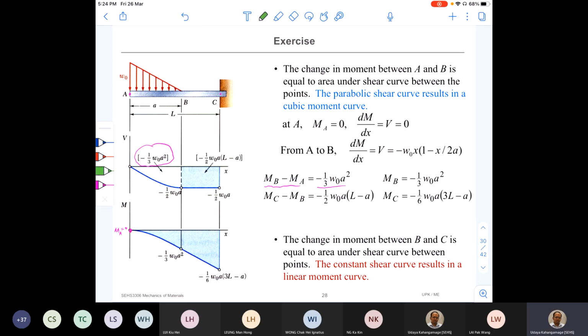And now we know that MA is 0. Therefore, we can find out MB. Right. So once you find the MB, you can mark that value. It's a negative value in here. MB. Right. So this is a parabolic curve, right? Parabola.